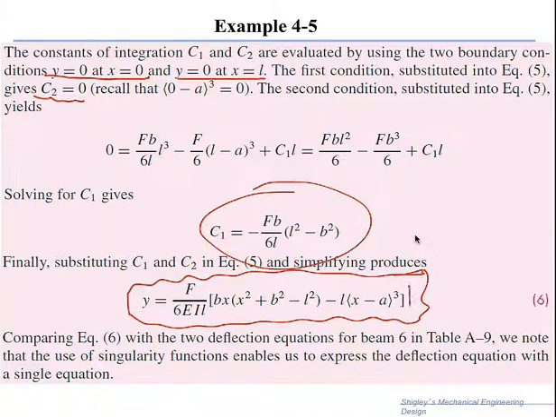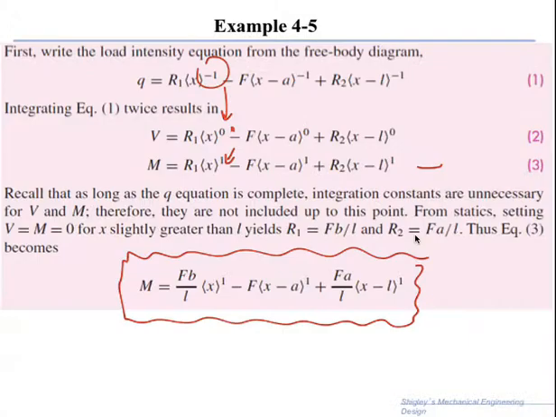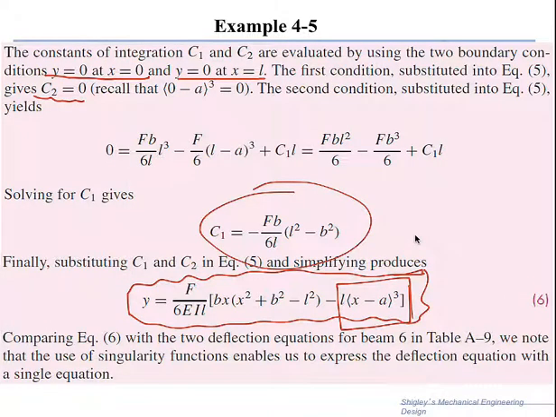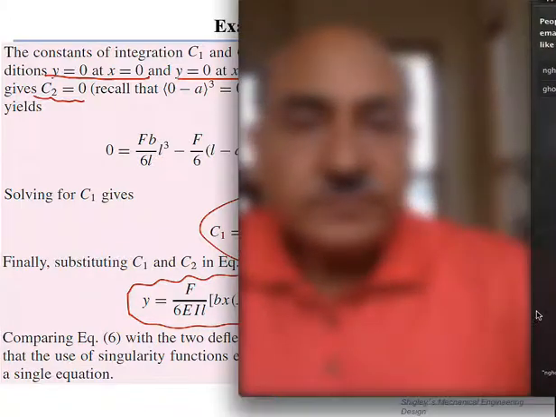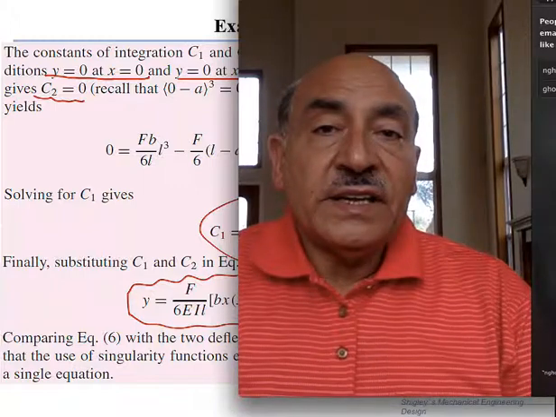Note that it takes care of two regions because of the switching function here, x minus a cubed, and you can compare it to the previous work that was done here, where you had two different functions, one between a and b, and the other between b and c. So the value of this method is that it gives us one single expression for determining the displacement at any point in the beam.